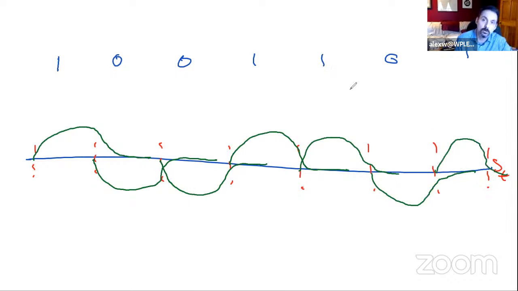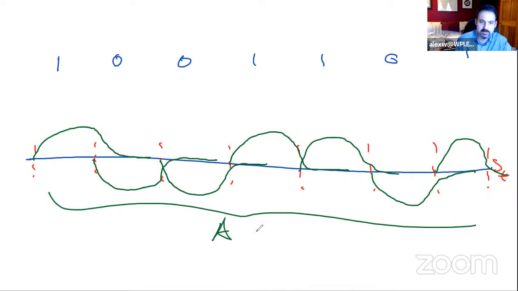So now, add them. Very important observation: it doesn't stop at TS. Look at that tail. Look at that tail. Tail, tail, tail.